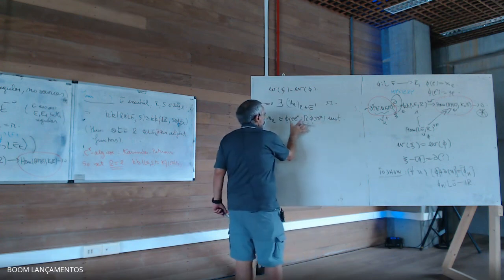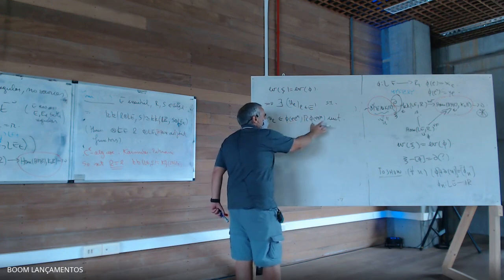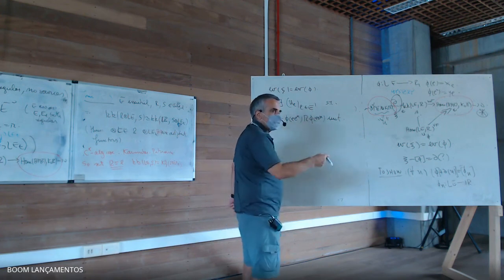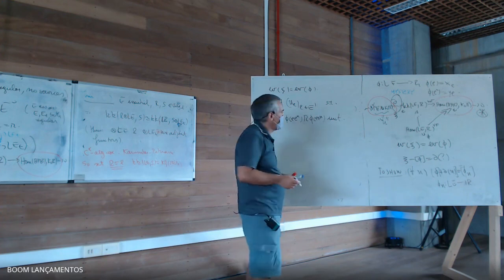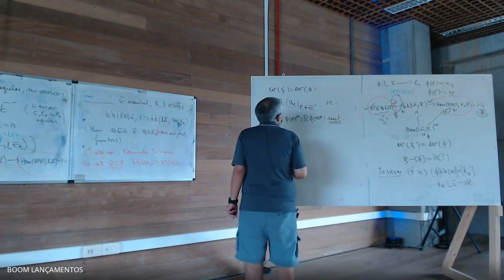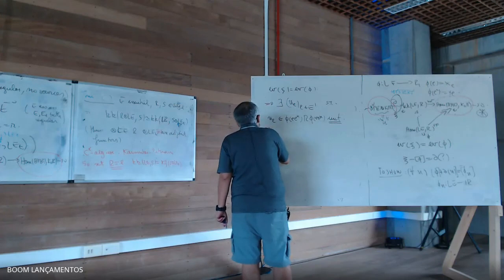So this is an idempotent in R. This is the corner corresponding to the idempotent. This is a unitary ring with unit this guy. So it makes sense to say that some element in it is invertible, right? So that's what I mean by a unit, an invertible element.